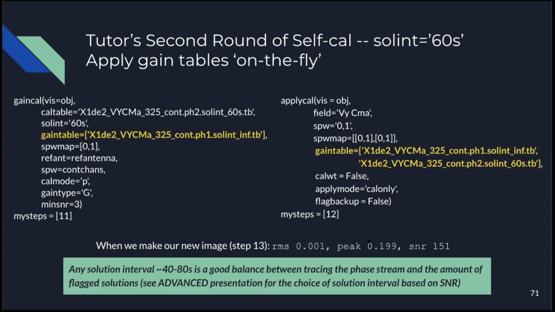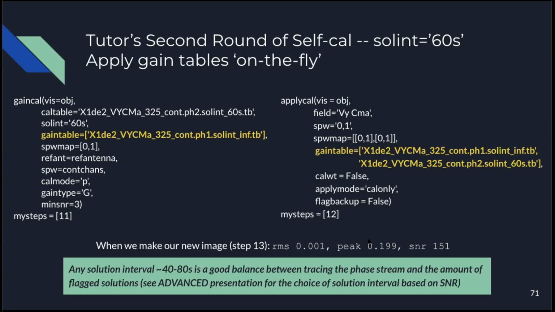After looking into the gain cal tables, how many solutions are flagged and how well we are tracing the variations, we decided to apply a 60-second interval, but we think any solution around 40 to 80 seconds is a good choice because it keeps that balance.